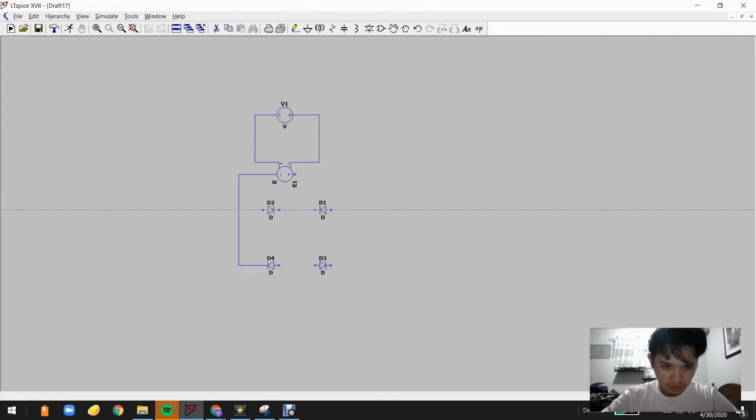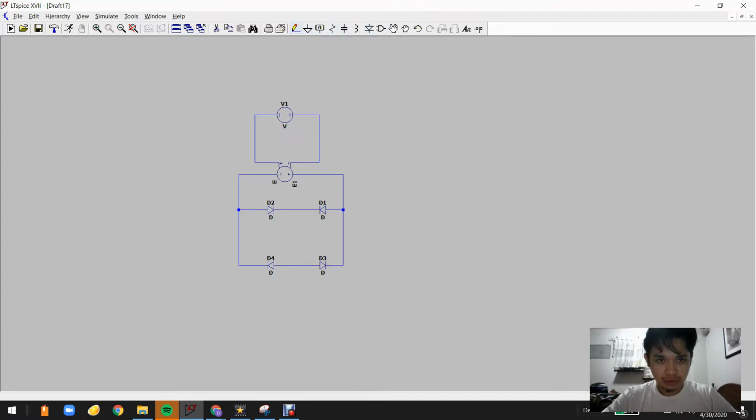So a full wave rectifier gives a full cycle of a sine wave. That means it has the positive half cycle and the negative half cycle together, creating it.